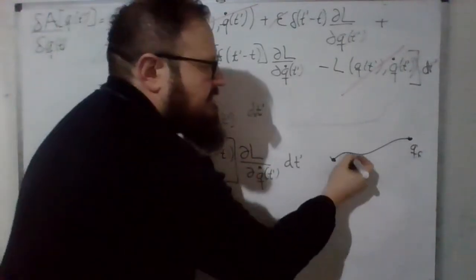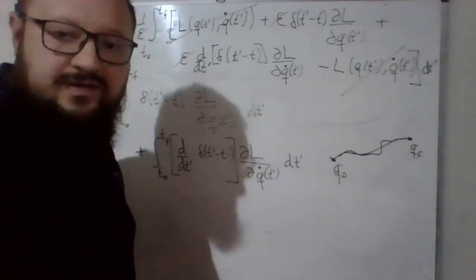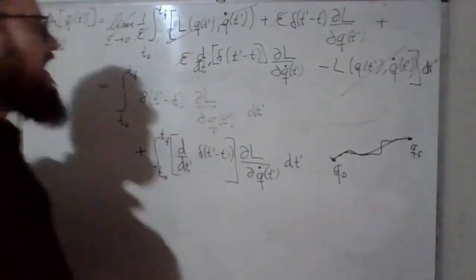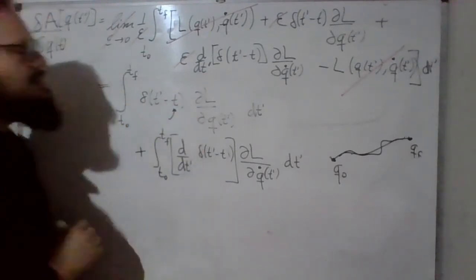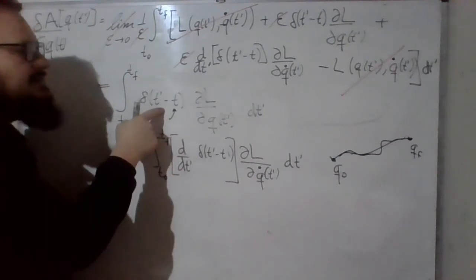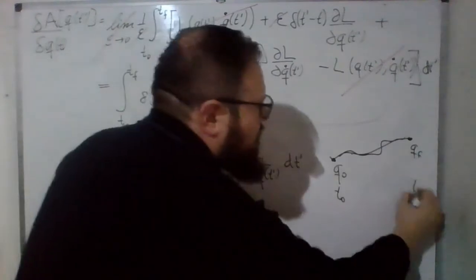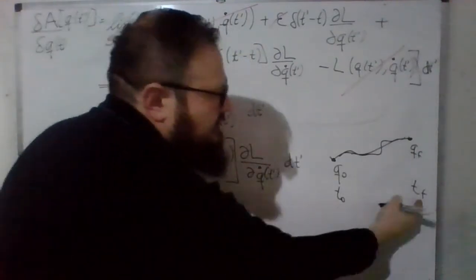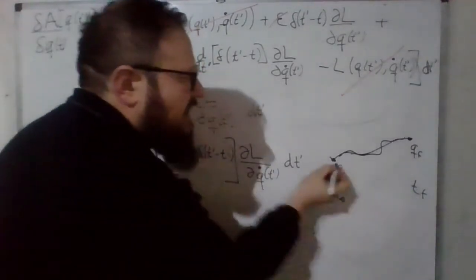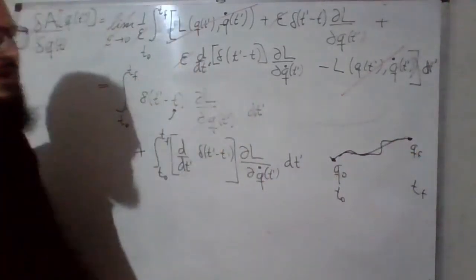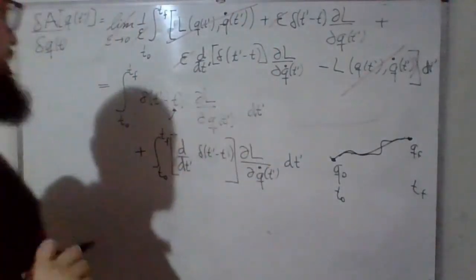I can only variate the trajectory inside, in between these endpoints, okay? So this time here must be set in order to be anything between T0 and TF, but not T0 or TF, because if you make T equal to T0 or TF, you are making changes at the endpoints, and the endpoints are fixed. You cannot change that, all right?